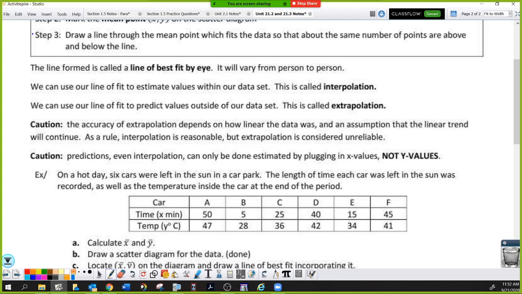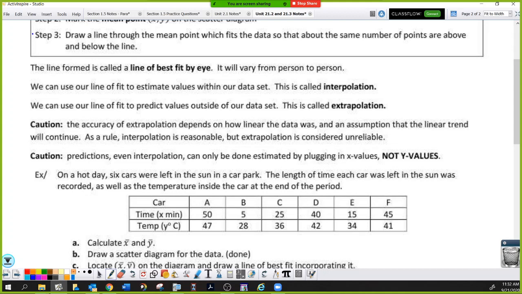Imagine you have a straight line with negative slope. Eventually, it's going to hit the x-axis, right? And once it dips below the x-axis, you're talking about negative y values, and in the real world, those negative y values don't really make sense. So you have to be careful. Basically, if you're going to extrapolate, be really, really careful.